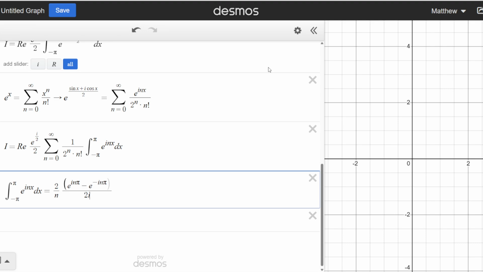And now this is the complex exponential representation of sine n pi, right? Equals sine n pi. All right, so our integral is now equal to this.